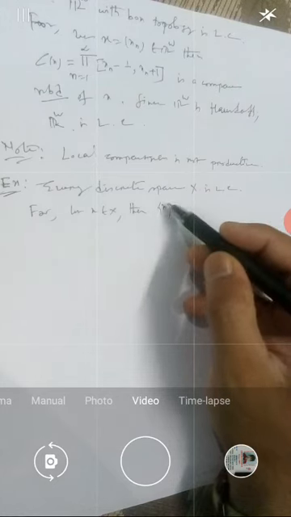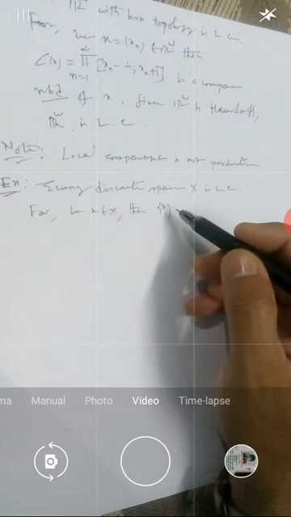And this being finite, it is compact. Every finite subset is compact.